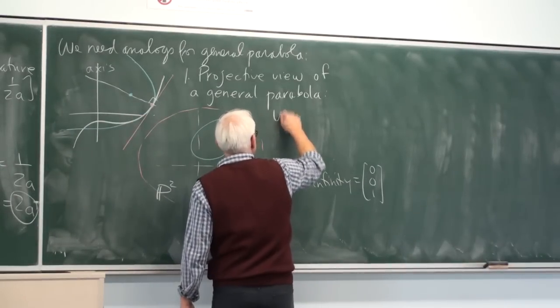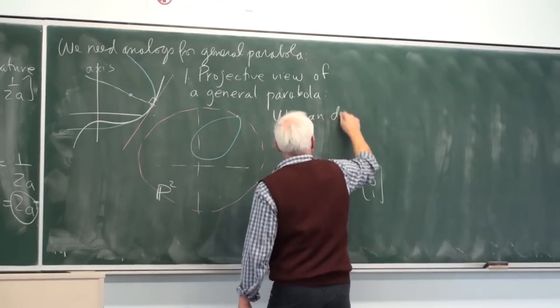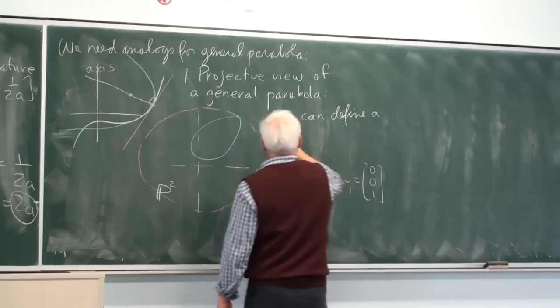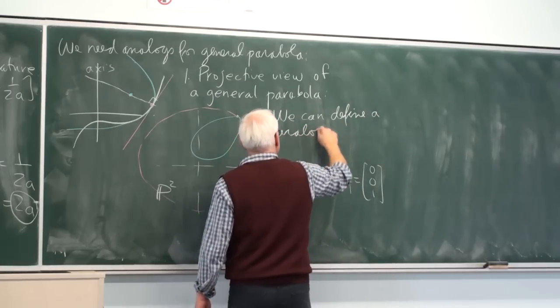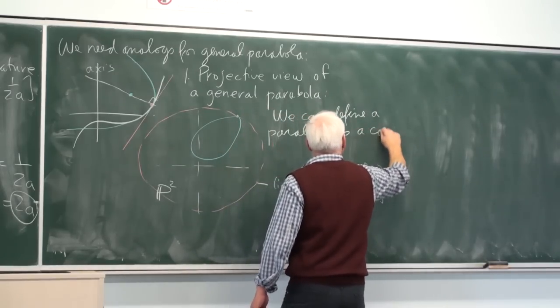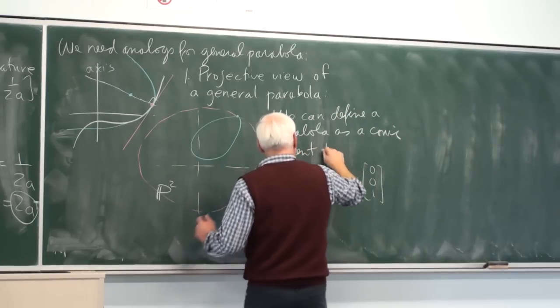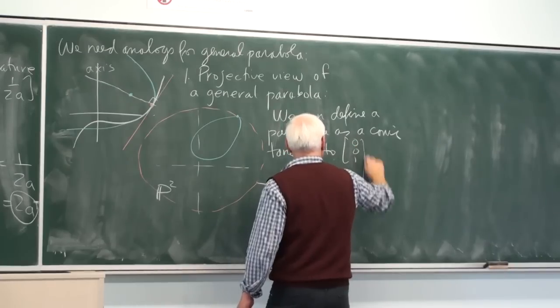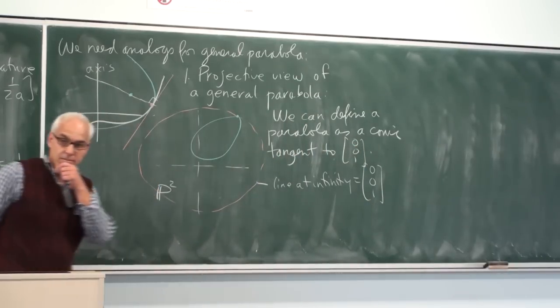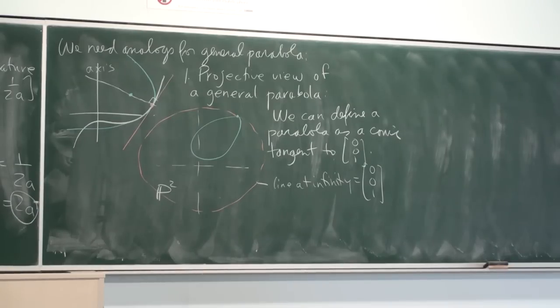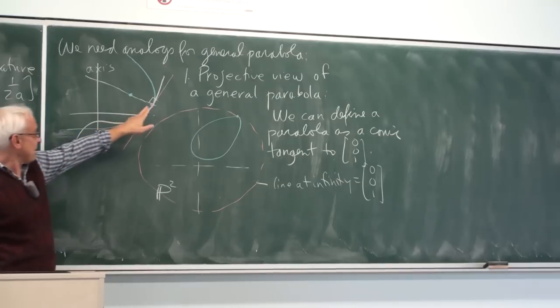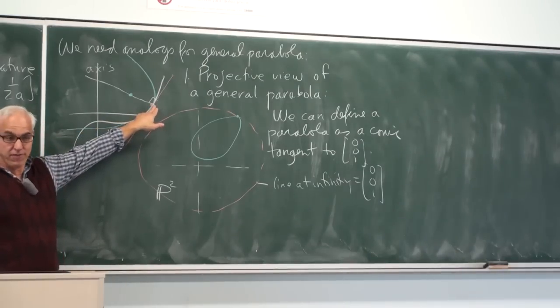So we can define a parabola as a conic tangent to this line at infinity, 0, 0, 1. But to make life simpler for us, we're also going to want this conic to go through a special point, because in practice we want to actually be going through a particular point on a curve.